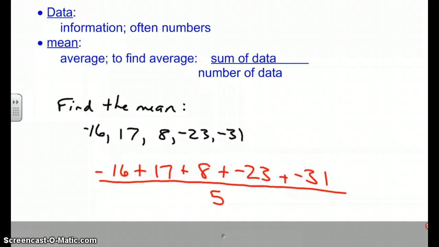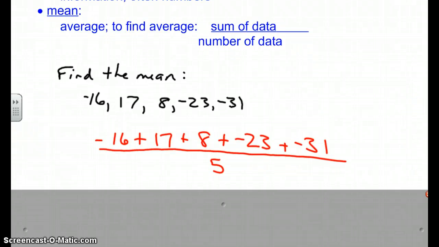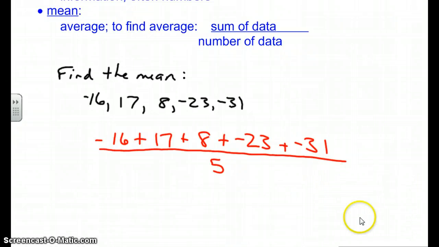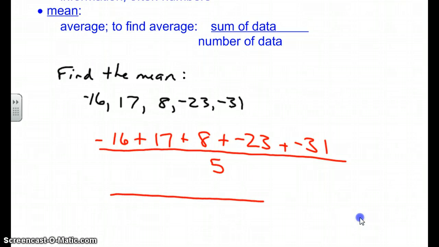We just learned yesterday something about the properties of addition, and one thing you might do is use them right here. How many of these pieces of data are negative? 3. So we might just add those together first and add the 2 positives together somewhere else.